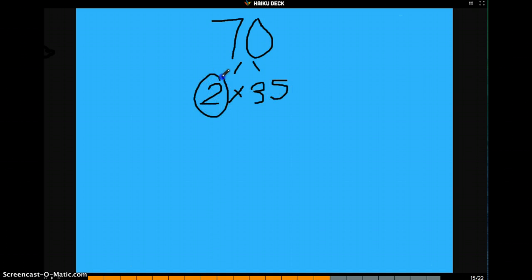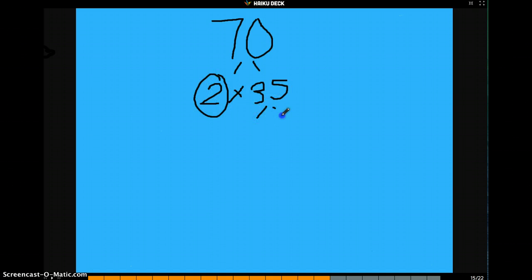Okay, so let's start with 70. So what can we multiply together to get 70? Well, it ends in a 0, so I know we could do a 2, we could do a 10, we could do a 5. Let's do 2 times 35. Okay, so we started with a prime number.